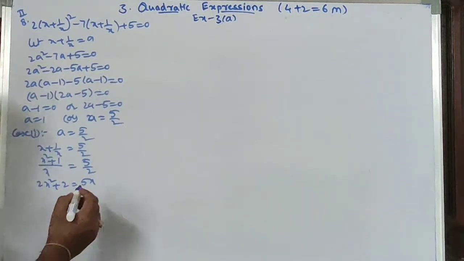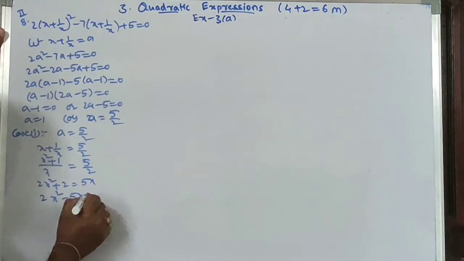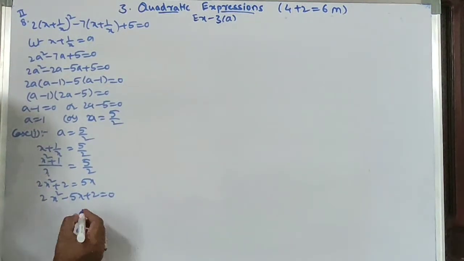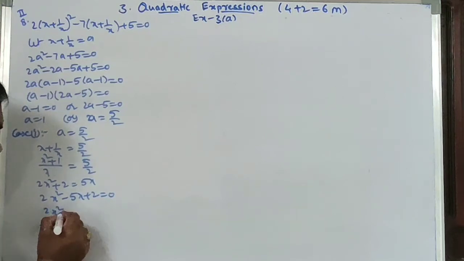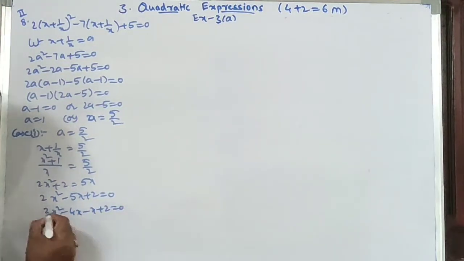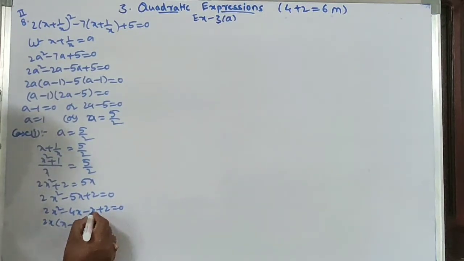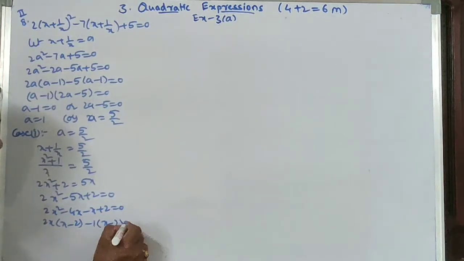So bringing this 5x to the left side, 2x square minus 5x plus 2 equal to 0. 2 into 2, 4. 4 plus 1, 5. 2x square minus 4x minus x plus 2 equal to 0. In this, I am taking 2x common. We are getting x minus 2. In this, minus 1 common. Then we get x minus 2 equal to 0.